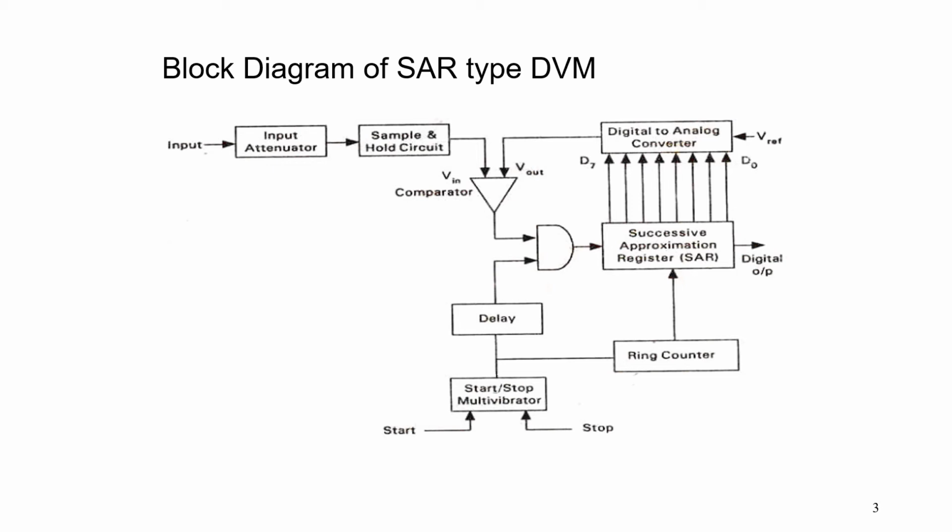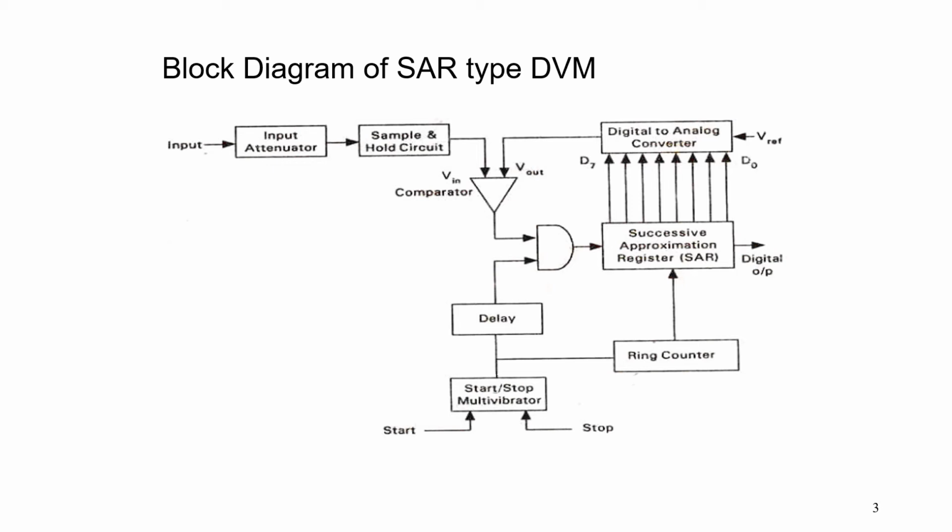The measurement cycle thus proceeds through a series of successive approximations. Finally, when the ring counter reaches its final count, the measurement cycle stops and the digital output of the control register represents the final approximation of the unknown input voltage.